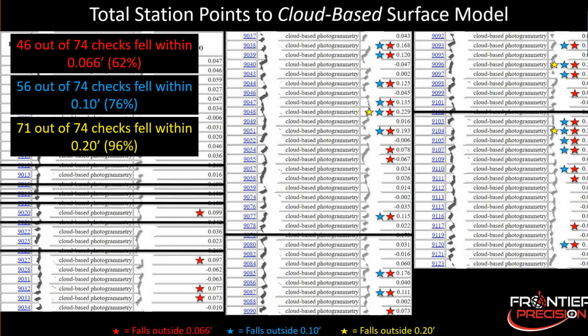So we were better in the 2 centimeters and the 1/10 than processing it locally, but we were a little bit worse on the 2/10, which I found was kind of interesting. But again, here's what we ended up with.